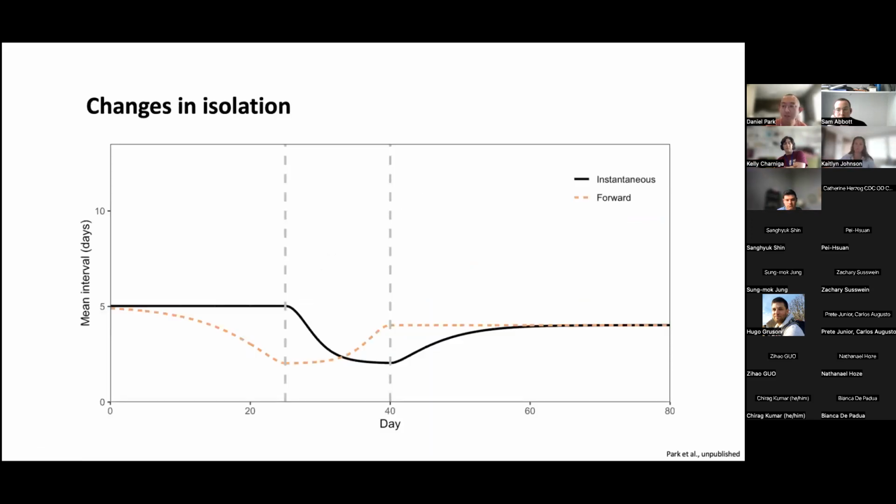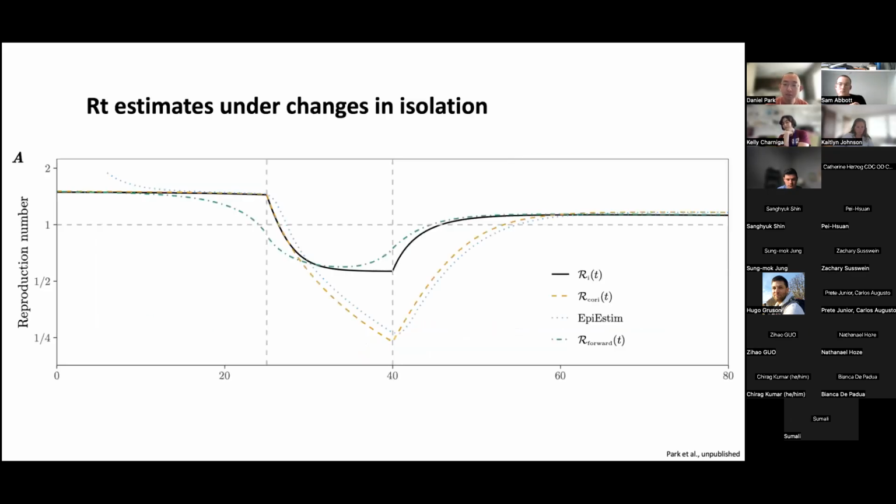And in this case, our instantaneous generation interval changes because you're modulating the individual-level time scale of transmission directly through an intervention. That means the black line is the true instantaneous reproduction number.